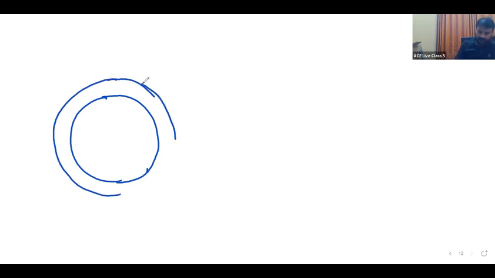Now, let us see for 0.8 lagging power factor. For 0.8 lagging power factor, North pole, South pole.